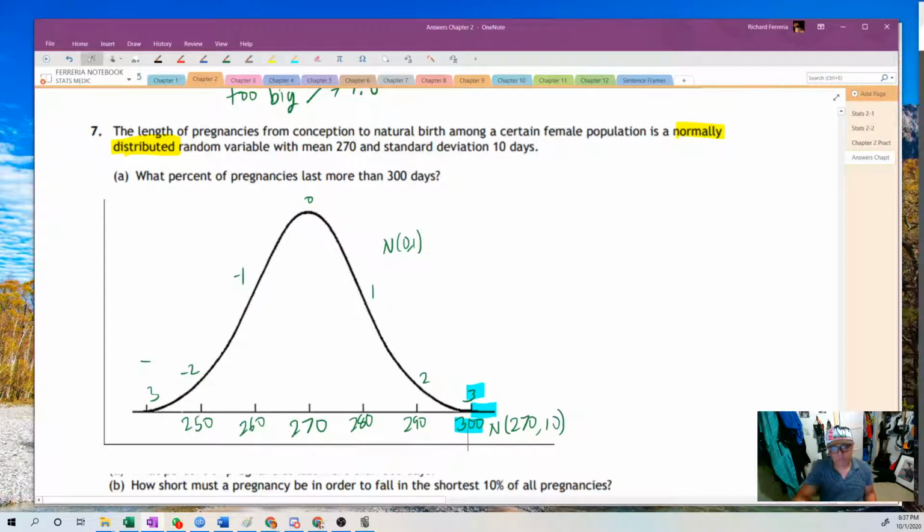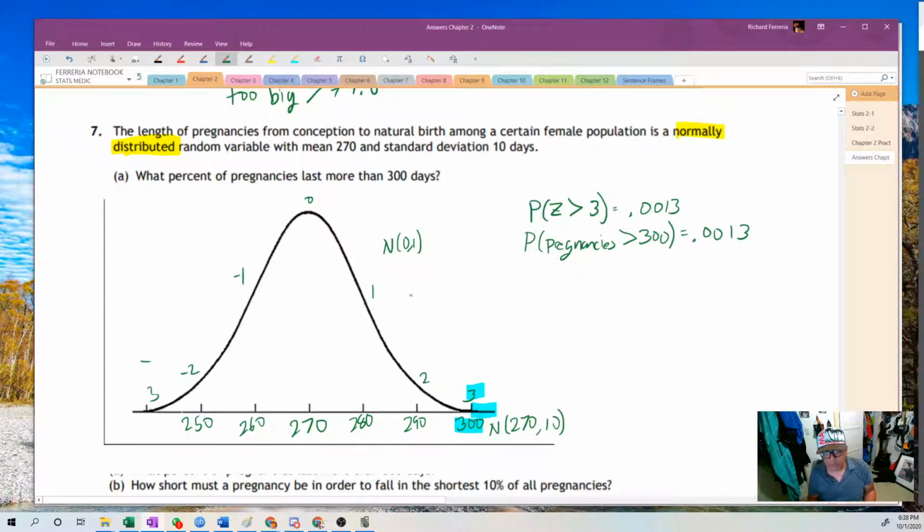We've got a couple of things to do here. We're going to write down in terms of z-scores: the proportion on the z-curve that's greater than 3 is equal to 0.0013. Also, the proportion of pregnancies, in context now, that's greater than 300 is also equal to 0.0013.